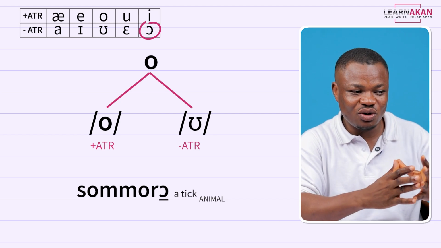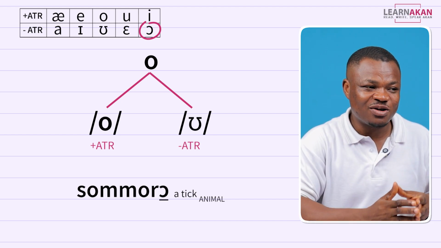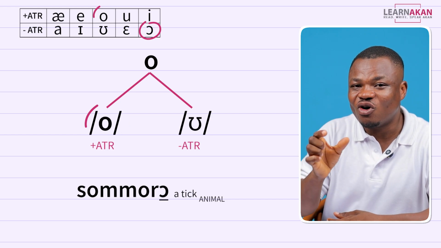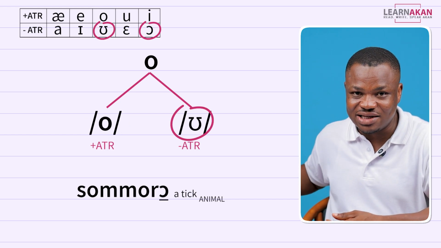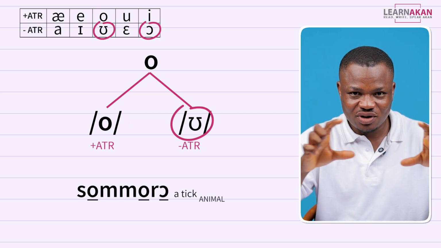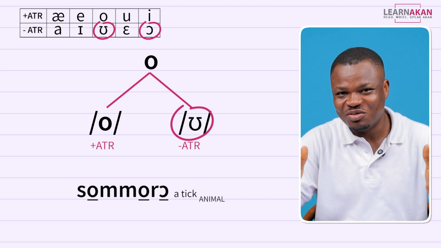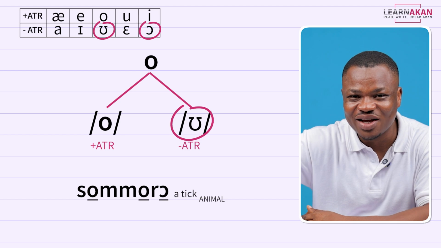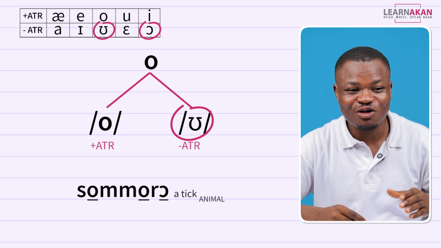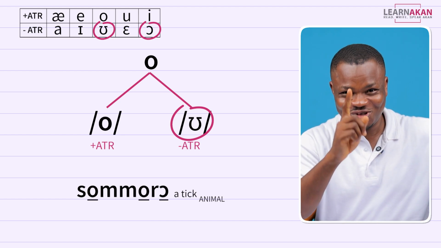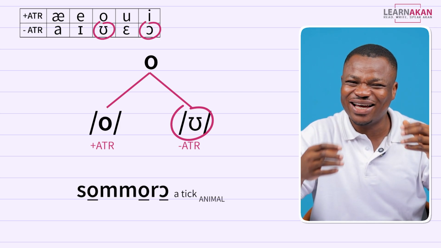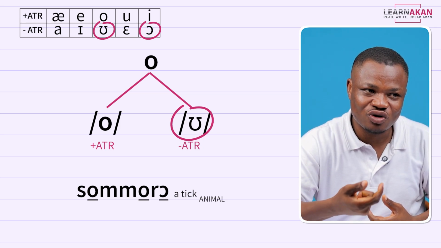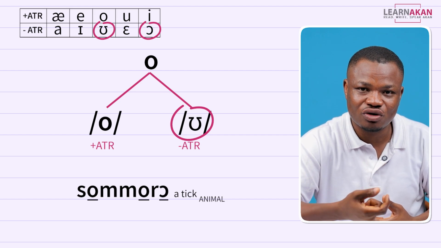So since we know that O can be pronounced as the regular O sound, which is plus ATR, or as the other O, which is minus ATR, then these O's that we have here will most likely be pronounced as the minus ATR O, because the last O is already minus ATR. So instead of somoro, don't say that. It's not somoro, it doesn't work. It should be sumro.